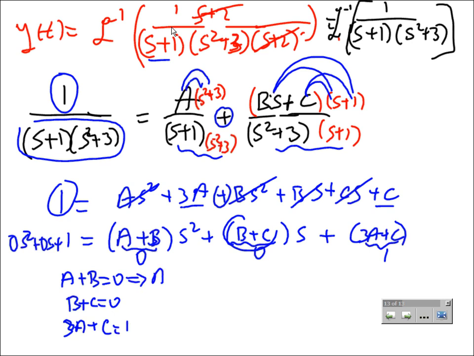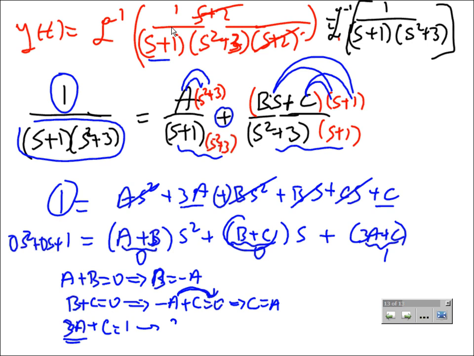Well, this tells me that b is negative a. Okay? So b plus c is 0. That means c must equal a. Bring that to the other side. So c is a. Bring the negative a to the other side, it's positive a.